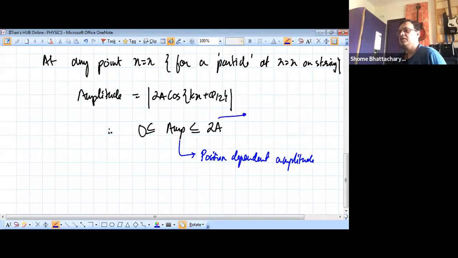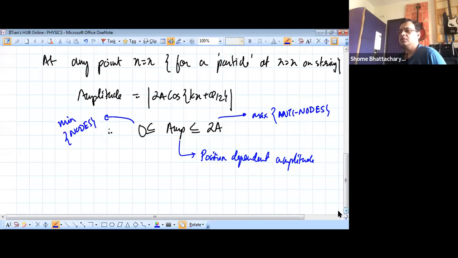And where the amplitude is maximum, such points are called, sorry, they are called antinodes. And these sort of points where the amplitude is 0, they are called nodes.